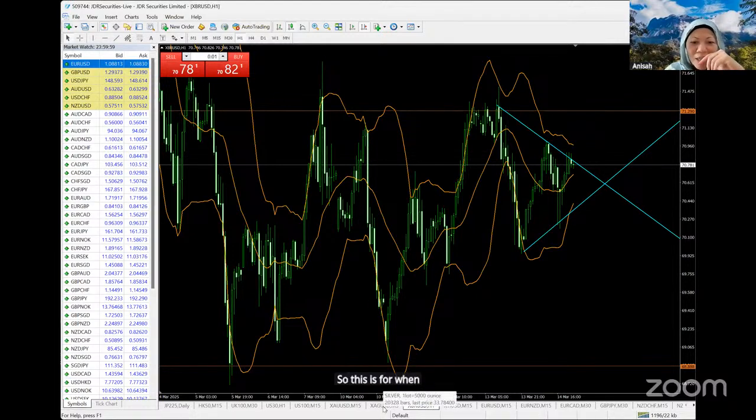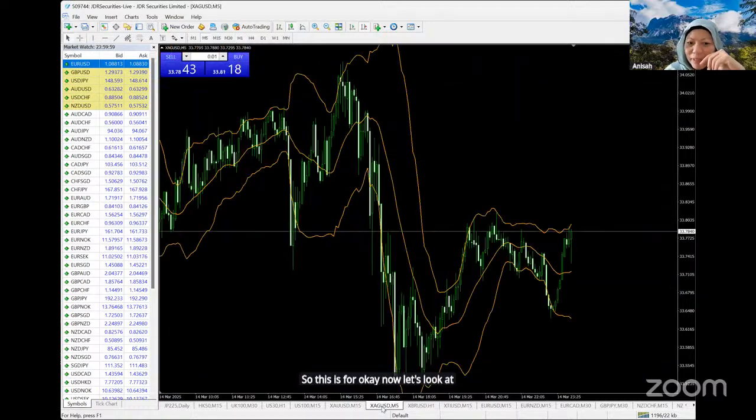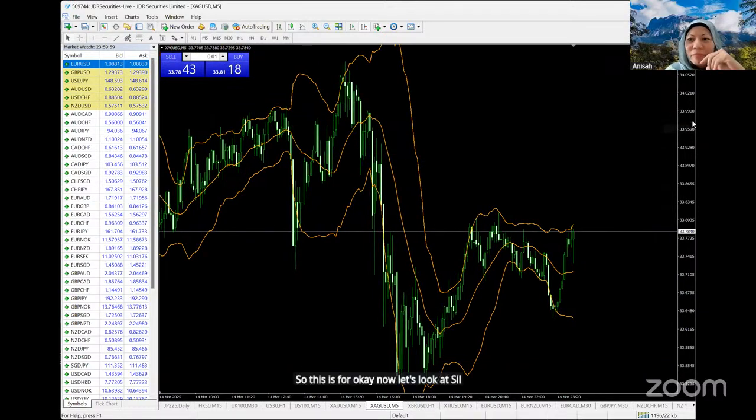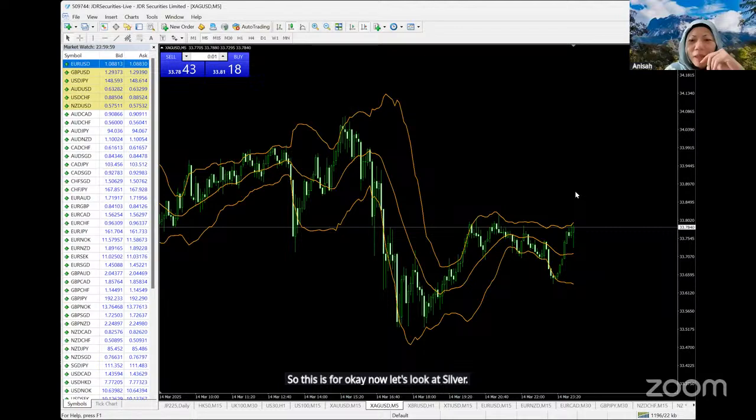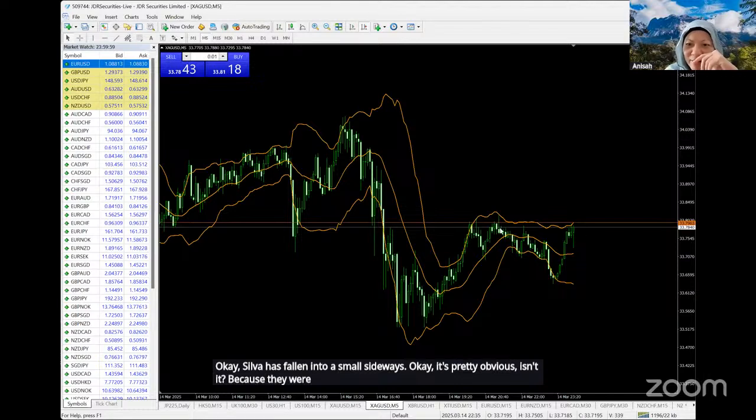Now let's look at silver. Silver has fallen into a small sideway. It's pretty obvious, isn't it? Because they were unable to make a new high and it keeps testing this level, 33.7963.